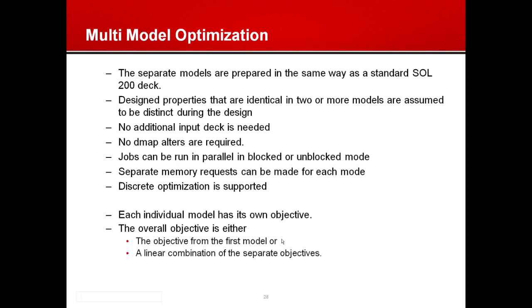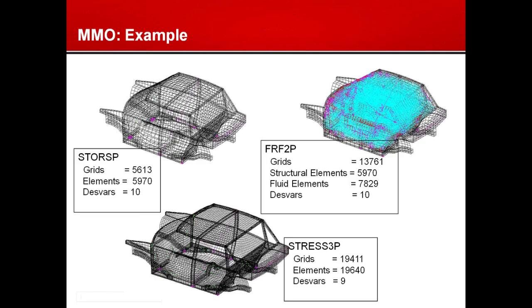Okay. So one of the applications might be if you have the same wing structure with two different fuselage configurations, you can use that to optimize both designs simultaneously. Here is an example that was done for the acoustic model, stress model, and stress response model, and some with displacement constraints.